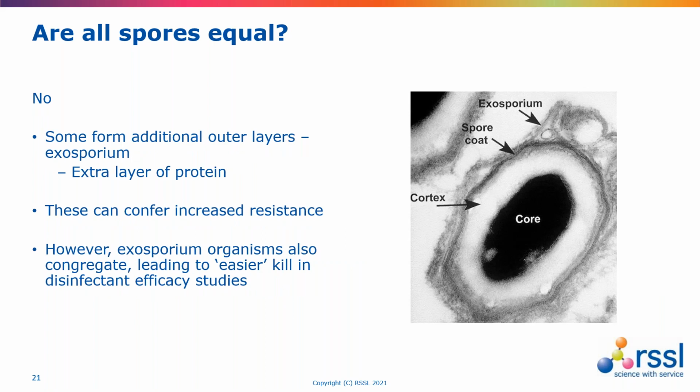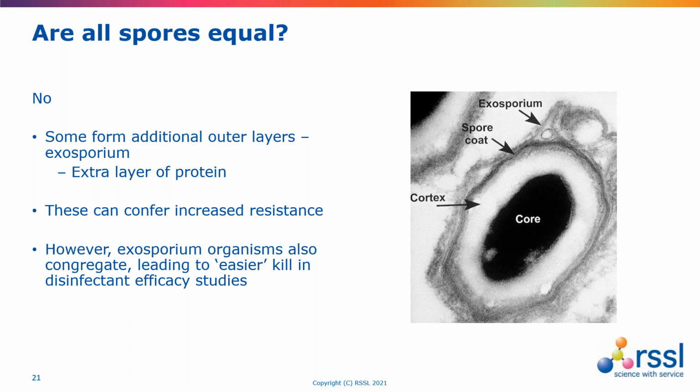It also stands that some species of Bacillus can form a fourth layer as well, so the walnut becomes even harder to crack. And this is with an additional protein called the exosporium.